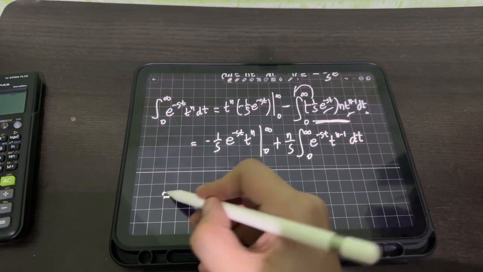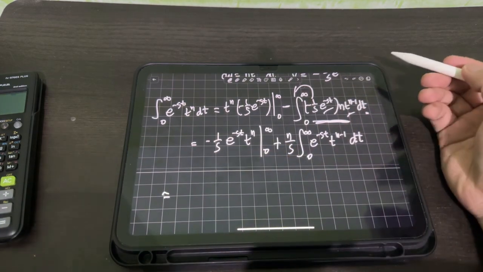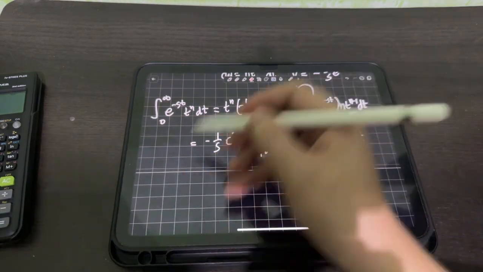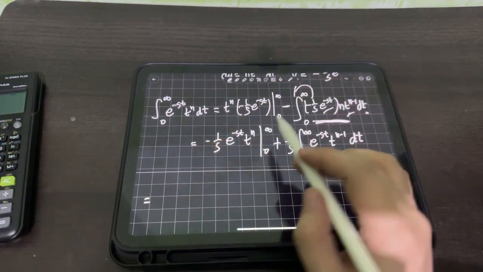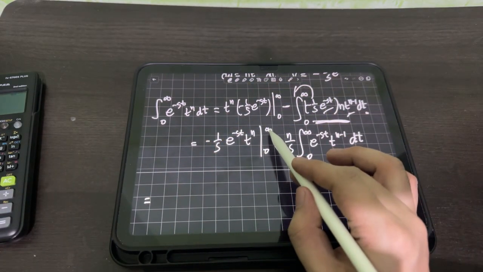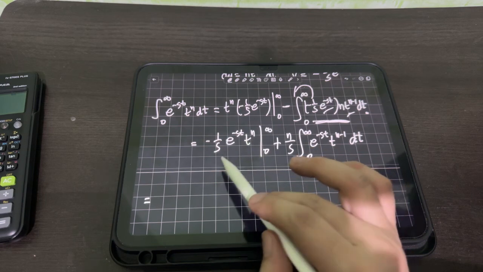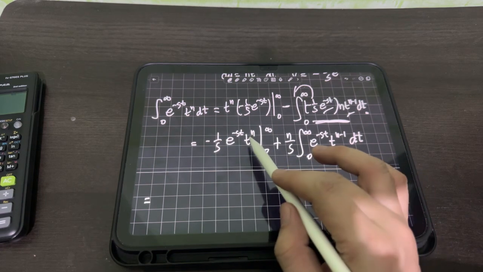Okay, for this first term, we can apply the steps in evaluating a definite integral. We substitute first infinity, the upper limit, to every t, then minus, we substitute 0 to every t.